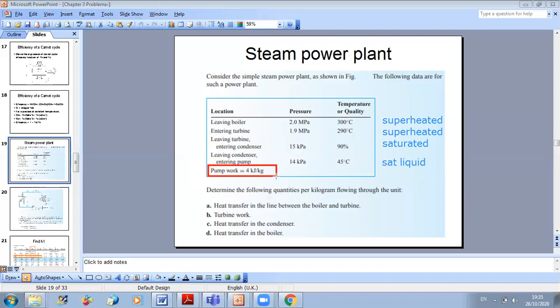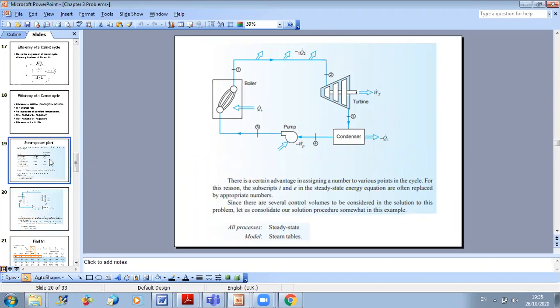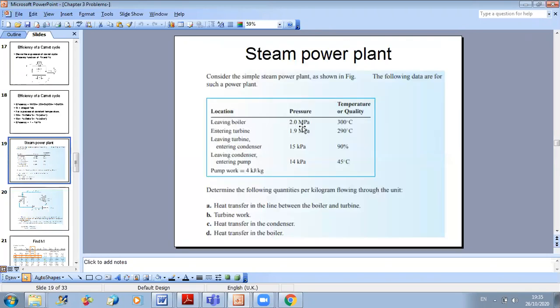So now, as a first step, let us find together the different enthalpies. Let us go to the figure and stick to the names given. State 1 is at the exit of the boiler. As we said, at the boiler exit, we estimated a superheated state, and they gave us a pressure of 2 megapascal and 300 degrees.